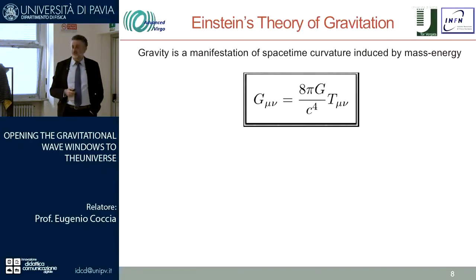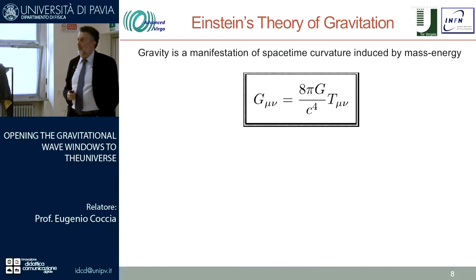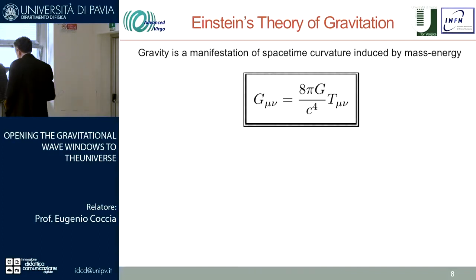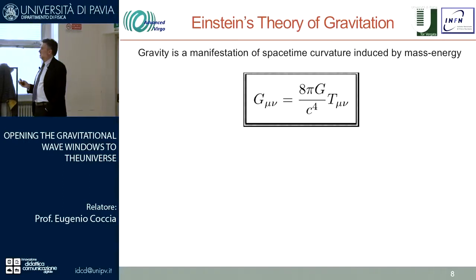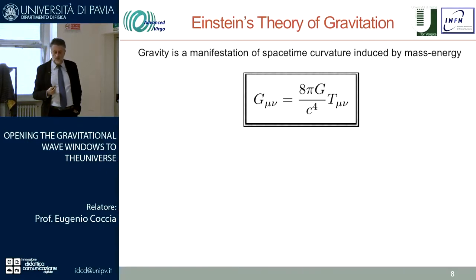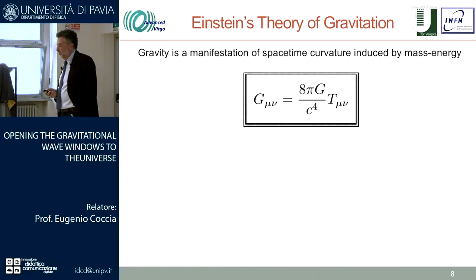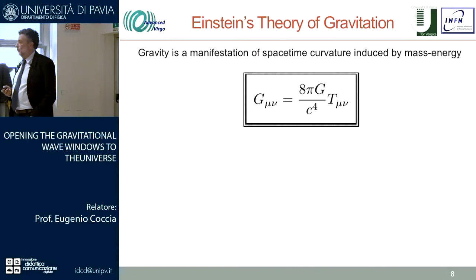Then arrived another man who said that actually the force of gravity does not exist, really. So this is even more surprising, and you need to explain why. First of all, why Einstein thought that Newton was wrong.